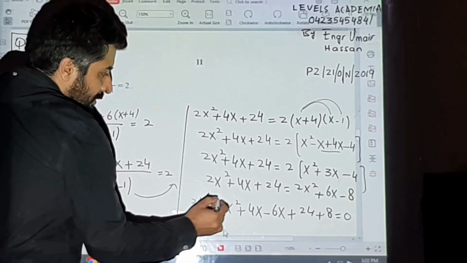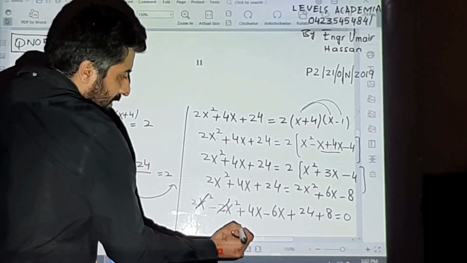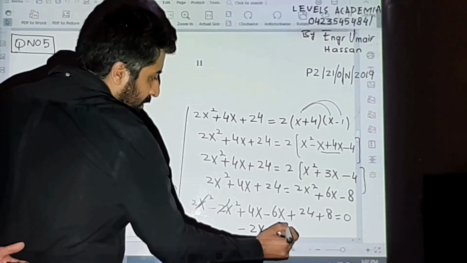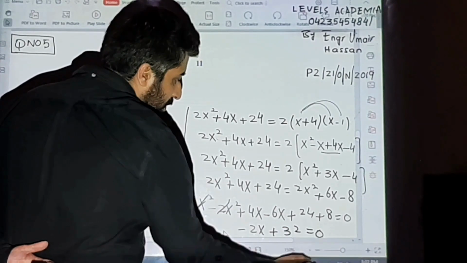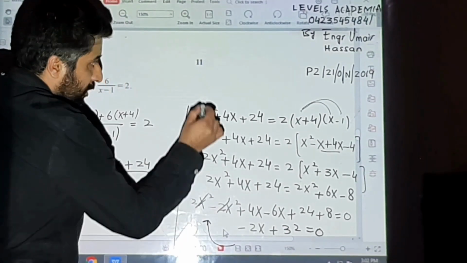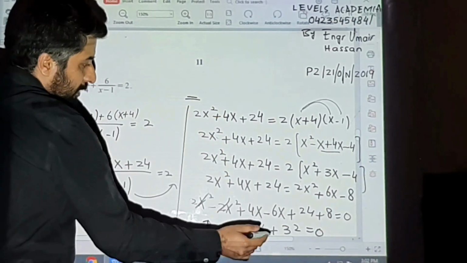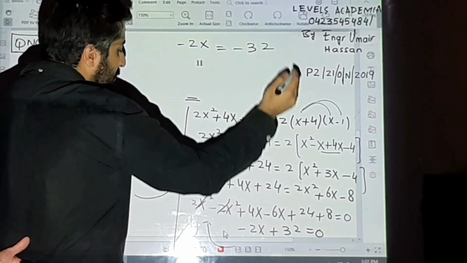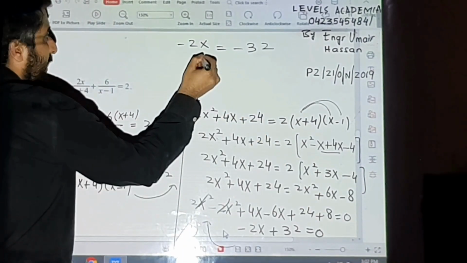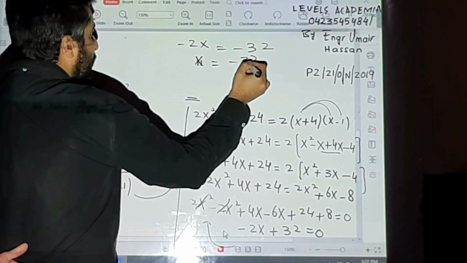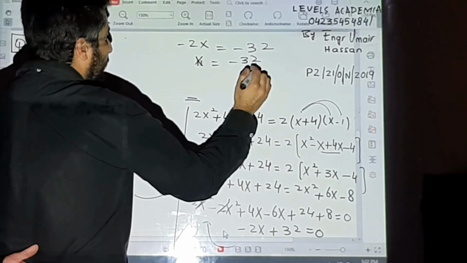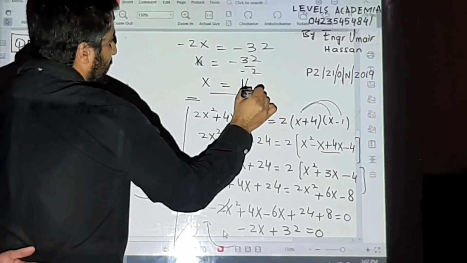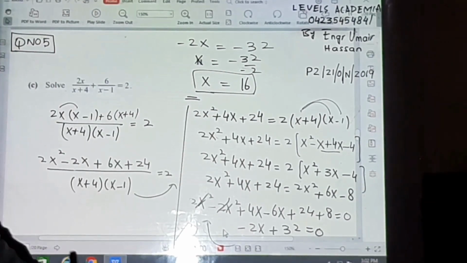Now, from here this will be cancelled, 4x minus 6x is minus 2x plus 8 and 24 is 32 equals to 0. Now, from here you can do minus 2x equals minus 32, this 32 will go on the right side and x will be equal to minus 32 over minus 2. So, x will be equal to 16. So, this will be the answer for this part.